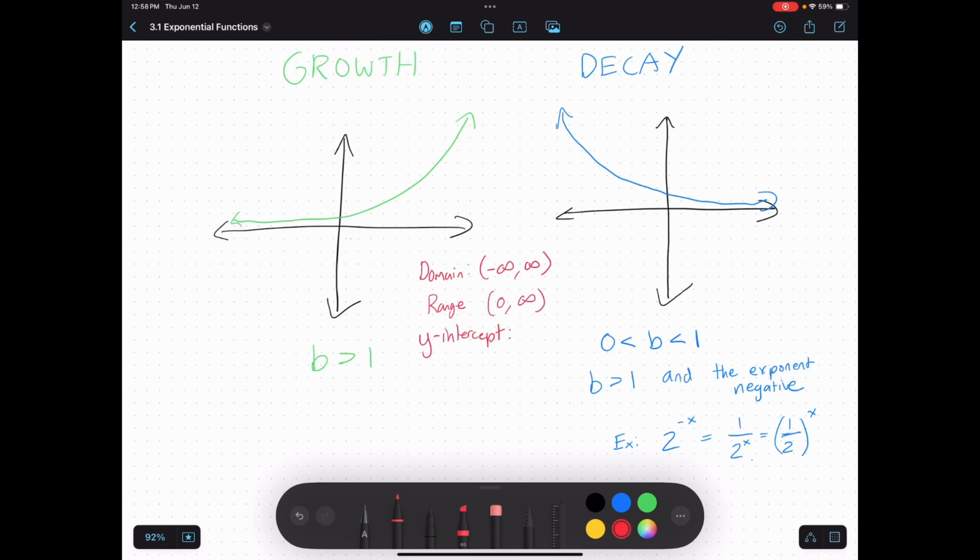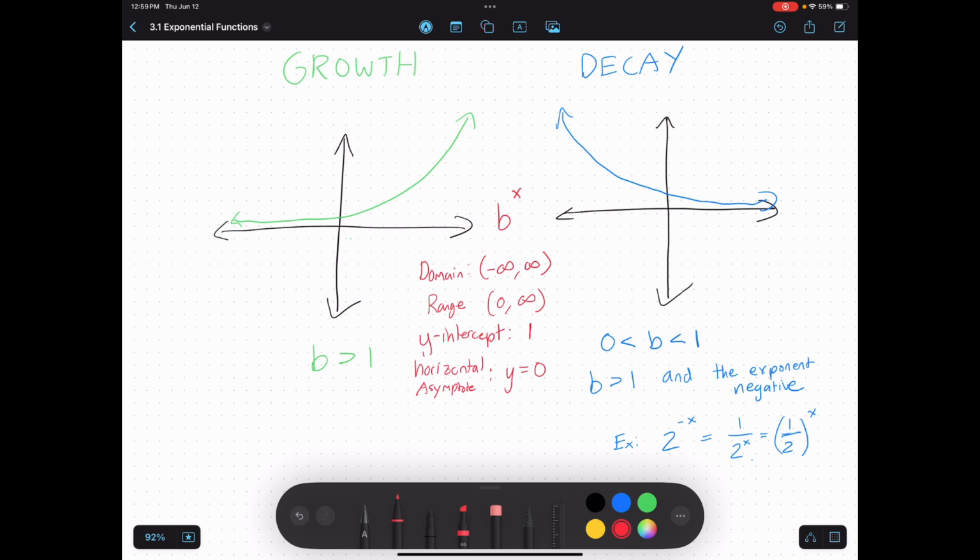The y-intercept for a basic exponential function is 1. That, of course, will change if you have a coefficient or if you have a different starting value. But for any just basic exponential function, your y-intercept is 1. Well, what else do we notice about these two functions? Both of them have a horizontal asymptote. They both approach 0, but will never actually reach 0.